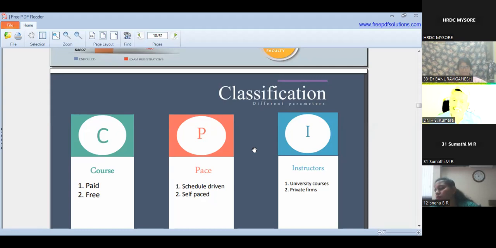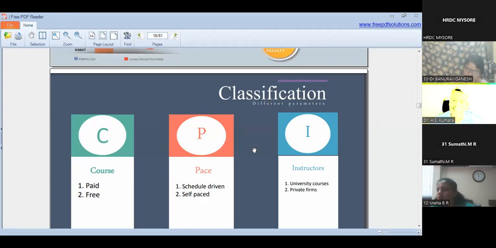Then, some of the courses are schedule driven, and some are self-paced. For schedule driven, each course has a stipulated period. The massive open online courses available under the Swayam platform are given on a scheduled time. Every year there are two cycles, January and July.